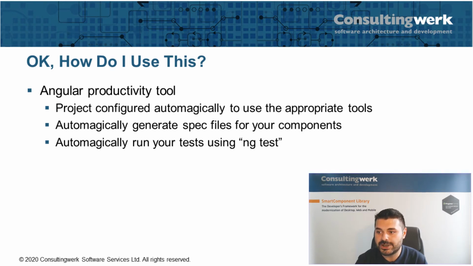Every time you generate a component using the CLI tool, it will generate a spec file for it as well, which is essentially a TypeScript file that has the same name as your component's TypeScript file, but with the added suffix of spec. And then to run all of your tests, which essentially means run all tests found in all spec files, you just run ng test, which, as you can imagine, is also very easy to integrate in any CI pipeline.